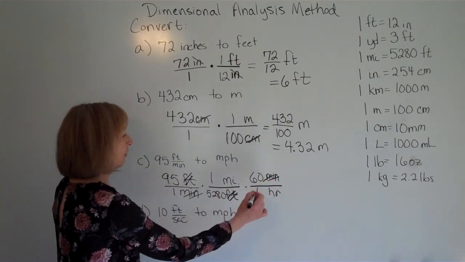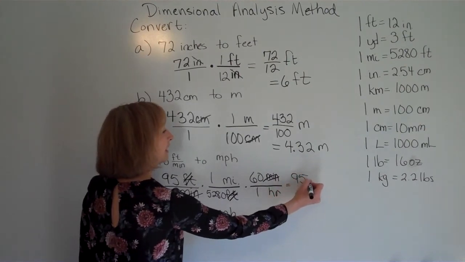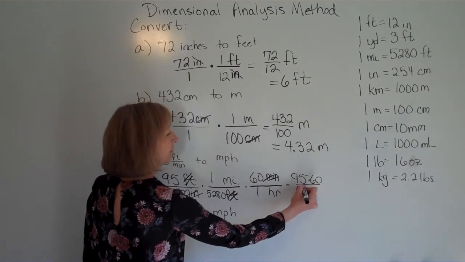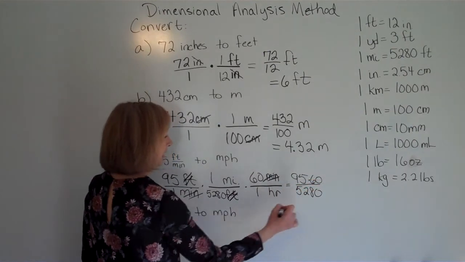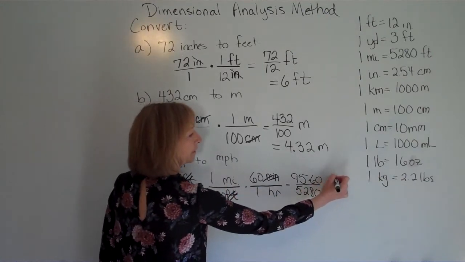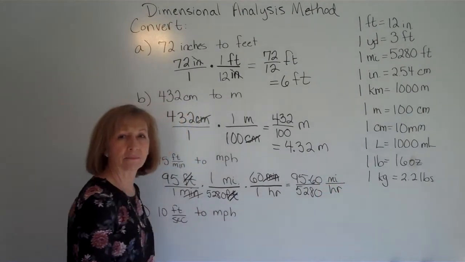And then when you multiply across the top and multiply across the bottom, you have 95 times 60 over 5,280. And I have miles in the numerator and hours in the denominator.